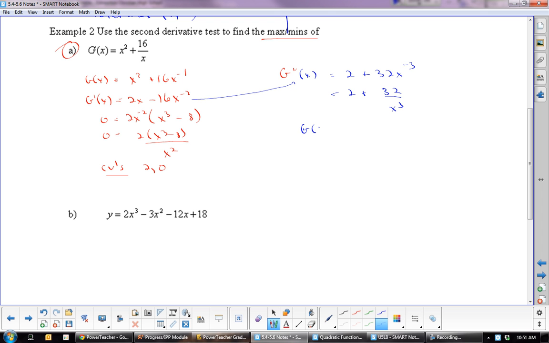So g double prime of 2 would be a positive. So that would be concave up, therefore a min.